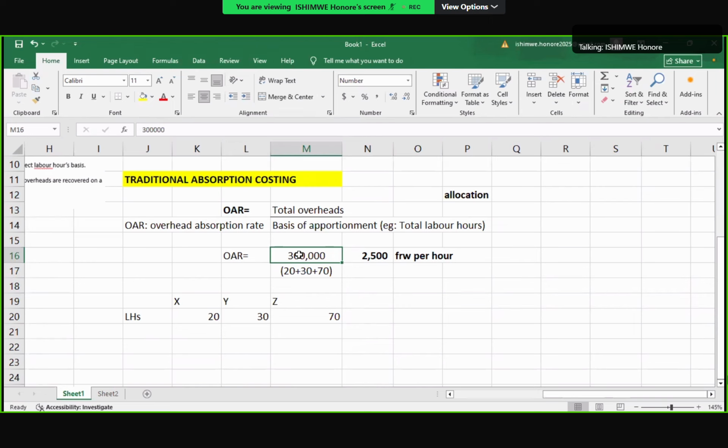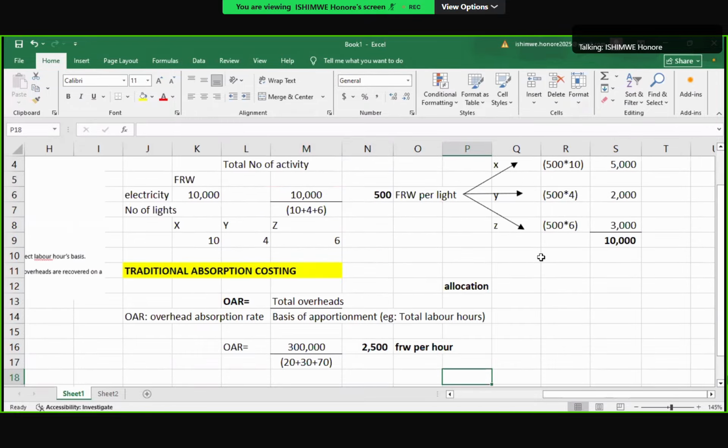The examiner believes that you have sat and learned and understood whatever is required for the advanced level, so they can challenge you in all perspectives as long as they are on the same concept, ABC. They can give you this and ask for this, or give you this and this and require you to determine this. That's why I'm saying understanding and interpretation are key.